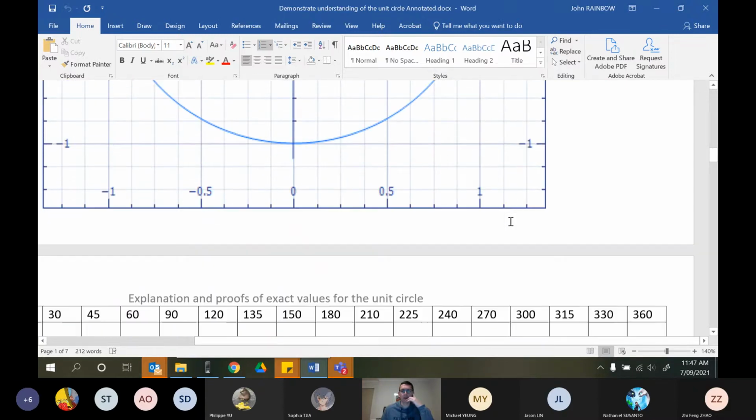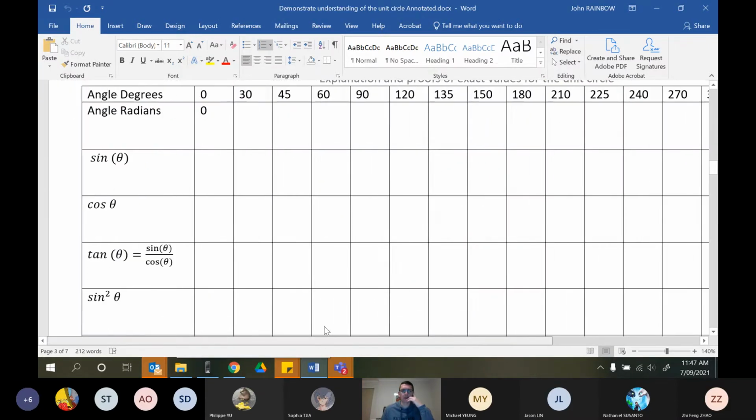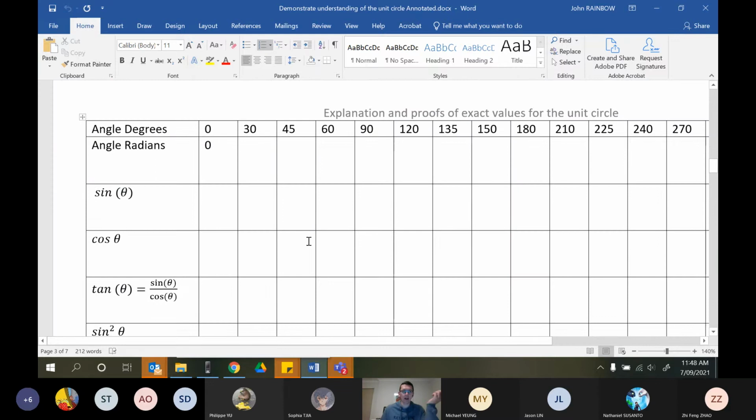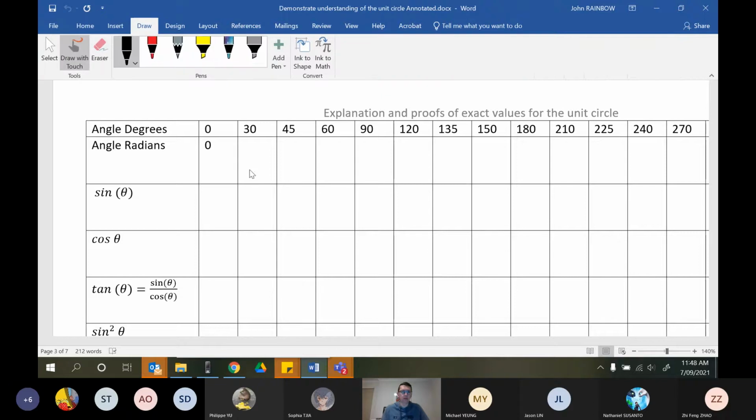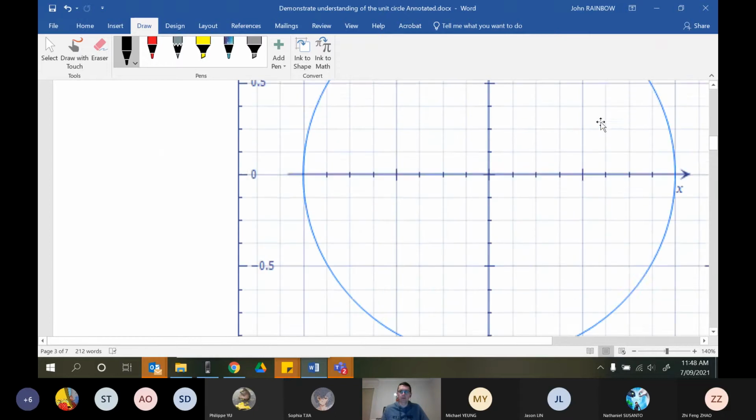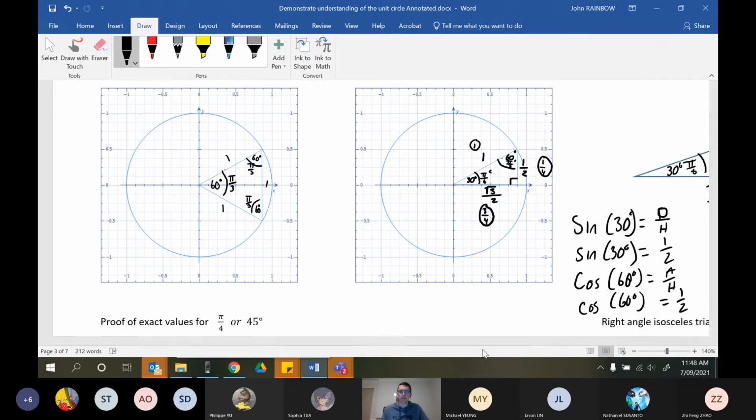So on the one below, we can actually fill out what the values of those are. So we know that sine 30 degrees is a half. And we know that cos 60 is a half because of this triangle that we created.